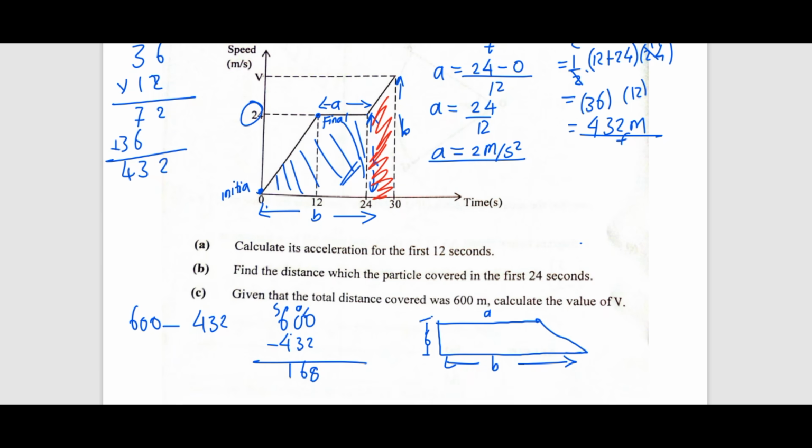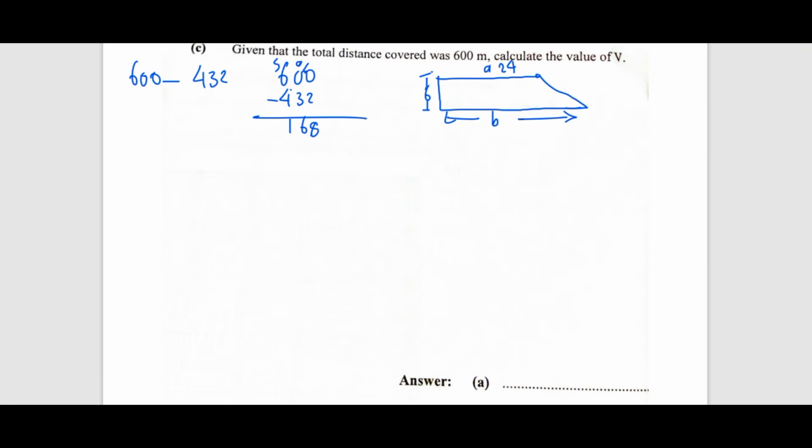So let's look at now, what are we going to do? So let's first look at the values. So from our A, this point will have 24. So here is 24. So we are solving for B. So let's go to the trapezium.